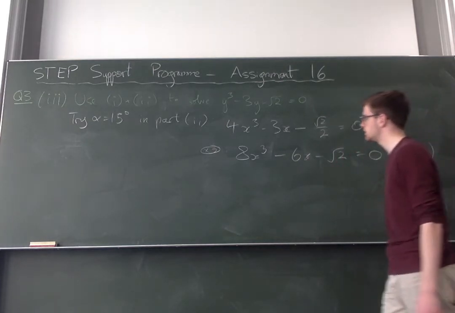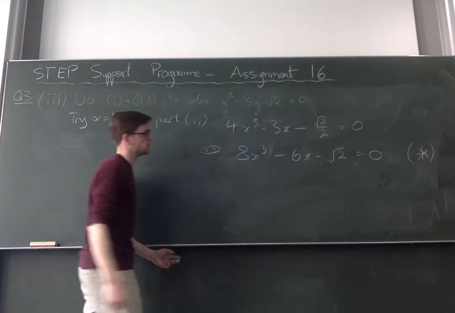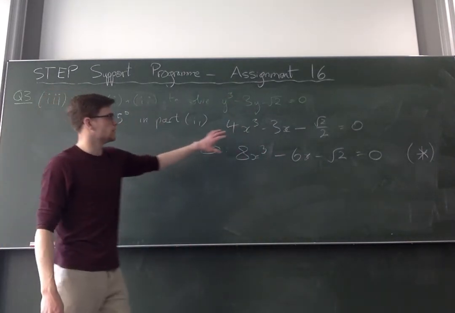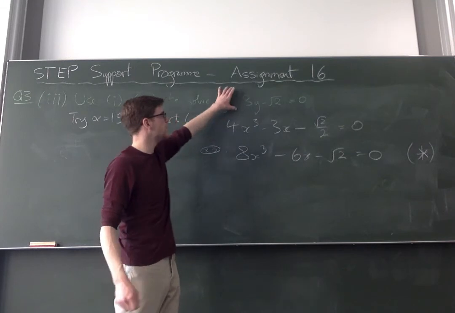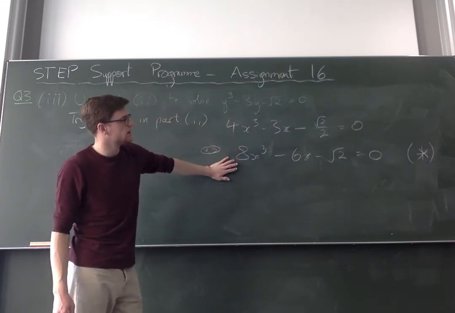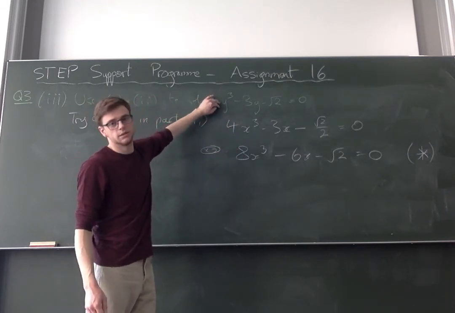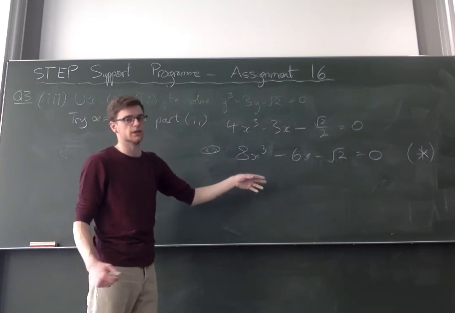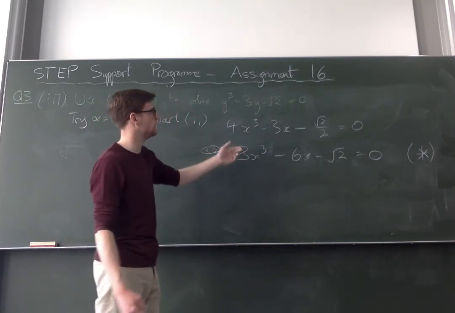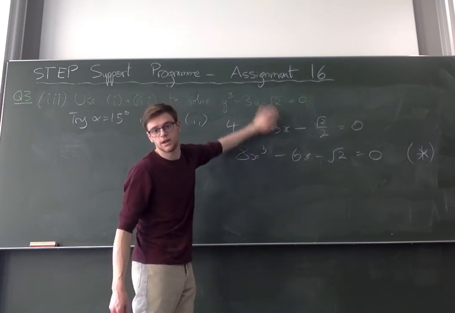I'm going to call this star. Maybe I won't use it, but it's always good to. Okay, so now this is looking very similar to that. And then we see, oh great, if I put y to be 2x in here, or equivalently 2x to be y here, or x to be a half y, then I'm going to get from this to this, or that to that.